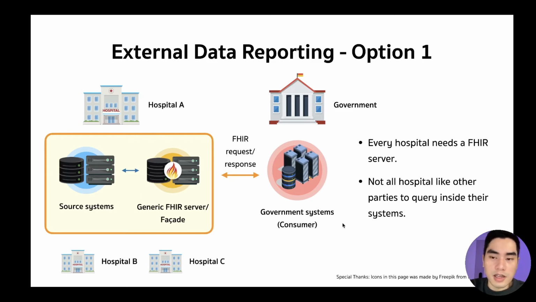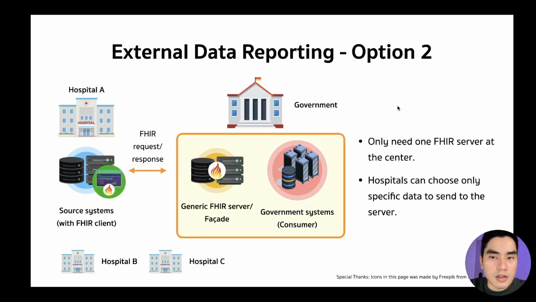So in this case, another option that might be better is putting a server on the government side and installing the FHIR client in each hospital. So when the hospital wants to send the information, they can use the client to retrieve the data, convert it to a FHIR resource, and send it to the server. This server can be generic or a facade, it doesn't matter, but it's on the government side.